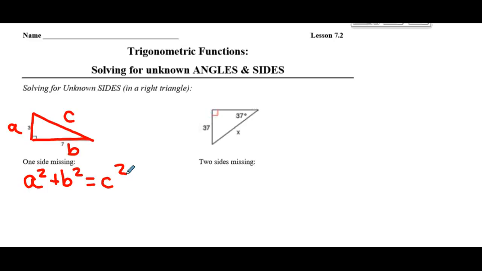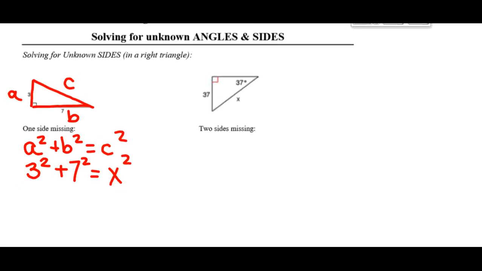Then all we need to do is substitute in our values for A, B, and C. A is 3 squared, B would be 7 squared, and C is our unknown side length, so we'll label that x squared. And all we need to do is simplify.